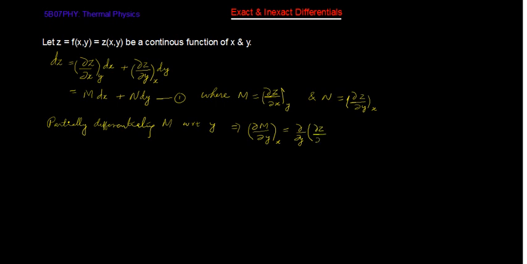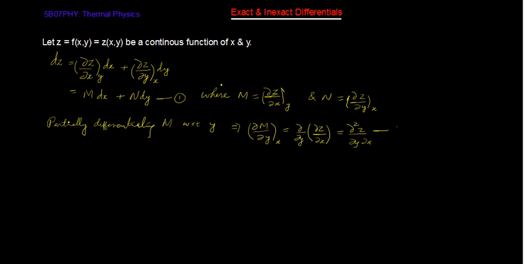Dou by dou y of dou z by dou x, which I can write as equal to a second order partial derivative, dou square z by dou y dou x. Let me call this equation number 2.